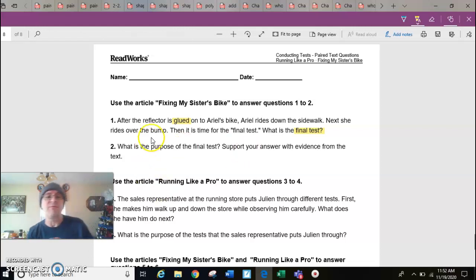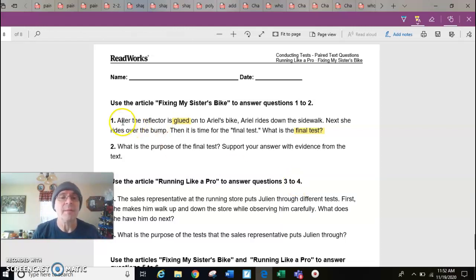I'm going to go through these first two questions and give you an example of how to find these answers and how to properly answer them, okay? Then your assignment is going to be to do answers 3 and 4. So let me show you how I went about this.